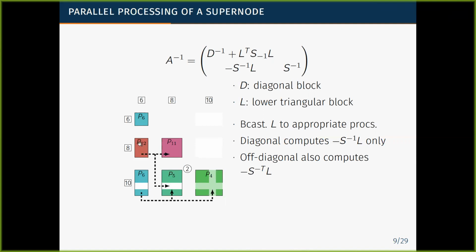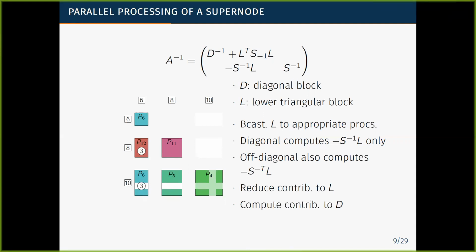I'll skip over the details, but it's just a bunch of transposes. After those contributions have been computed, they are reduced to the corresponding processors. Then the processors in the current supernode column compute their update to the diagonal block, which is ultimately reduced. As you have seen, the main difference is the complexity of the communication pattern.